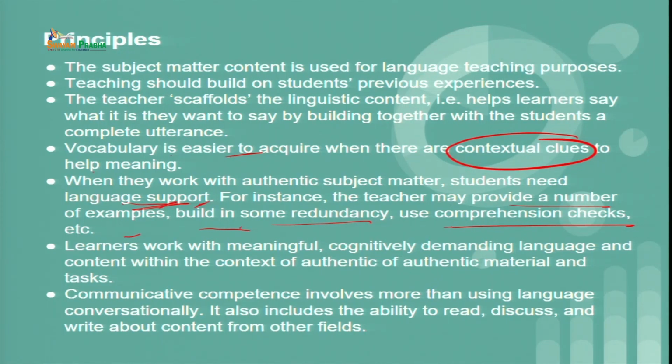Now the next point is that learners work with meaningful, cognitively demanding language and content within the context of authentic material and tasks. Here authenticity plays a major role, and often while coming into the classroom we bring materials, but the question is which material should be chosen, or what kind of material should be presented to the learners.